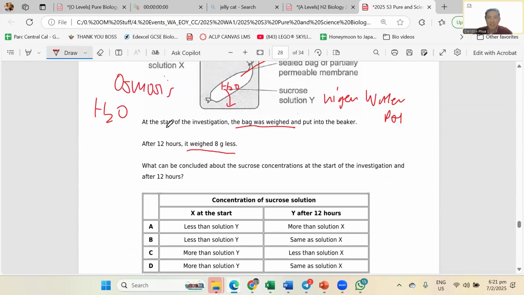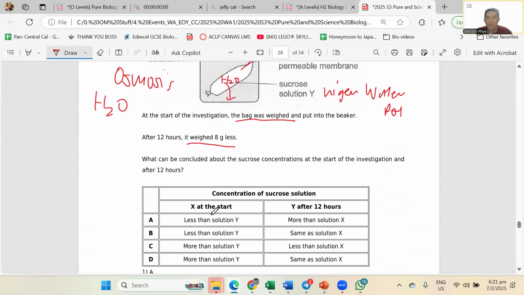So at the start, X is higher or lower than solution Y? Now, which one can I delete? If my X had a higher water potential than solution Y. Now they're asking about water potential, but I'm looking at the concentration of the solution. So, tricky.